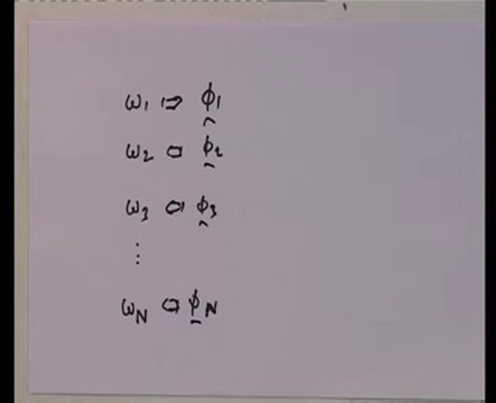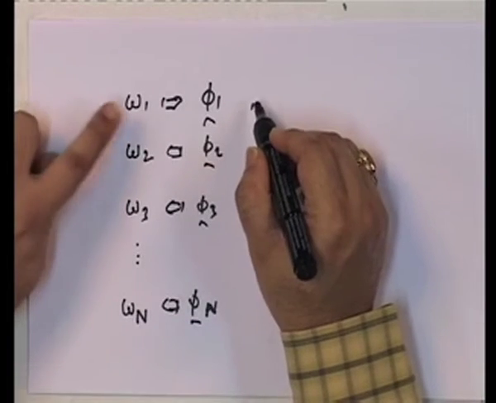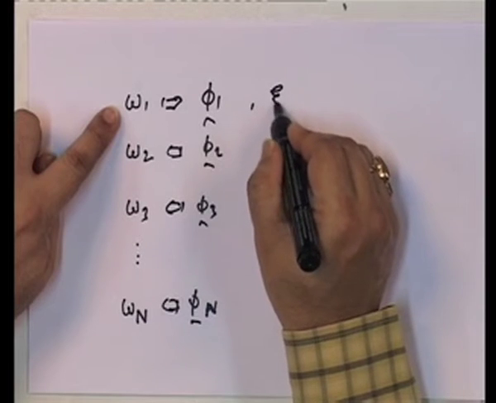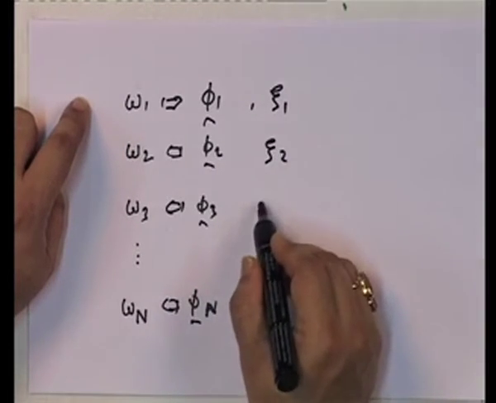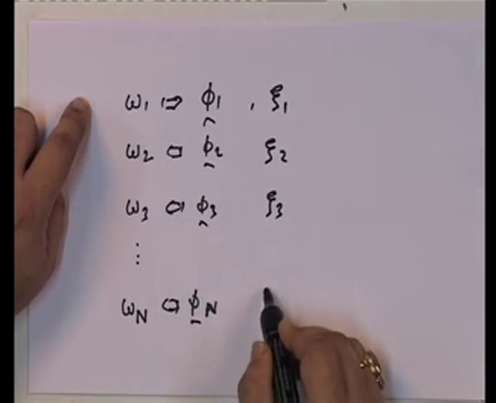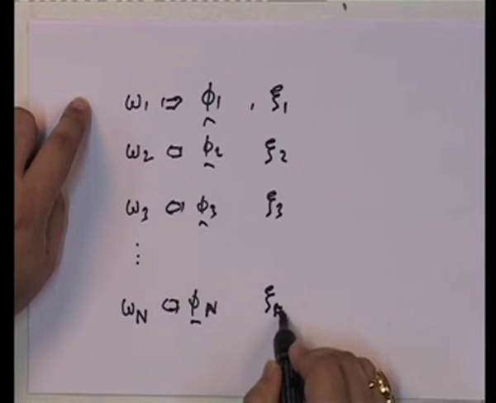But in addition, the question now remains: this is a mode. Is there a xi 1? Can I find these out from experiments?